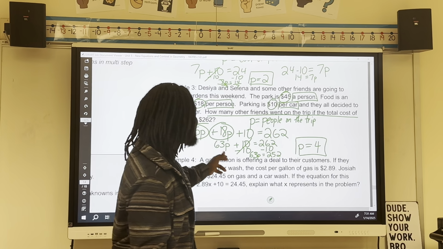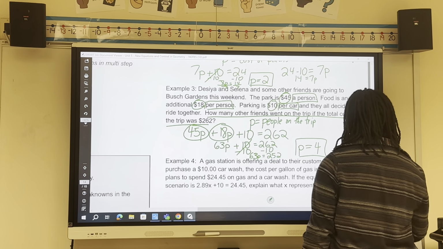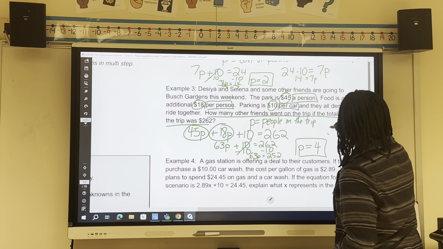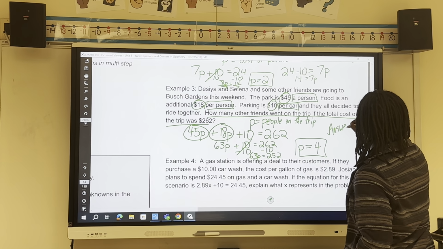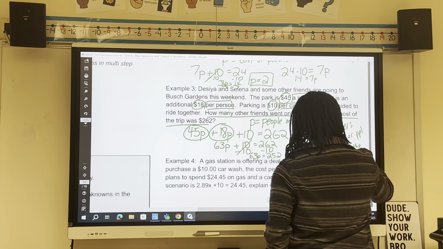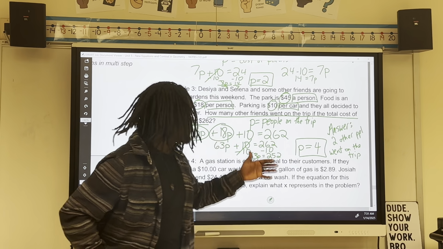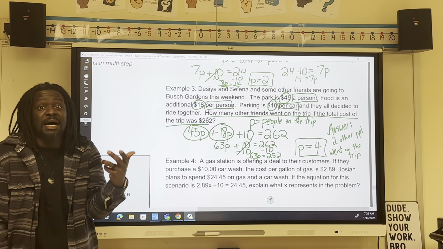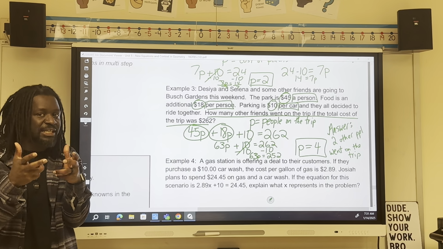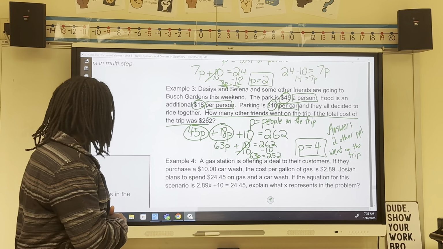So the answer to this question isn't 4 people, it is that 2 other people went on the trip. Okay. So that one, again, is a more complex, harder problem, specifically because of what it is asking you in the end. But there you go.